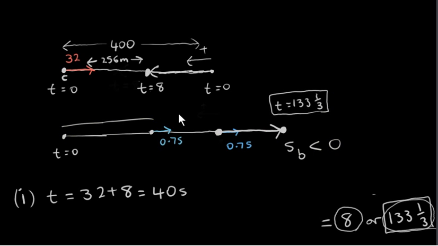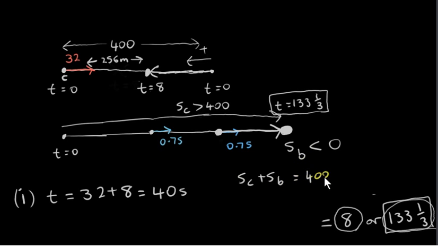However, SA, the position of the car, so the bus and car collide again, or pass through each other at this point here, SC, the position of the car, will be greater than 400. So when we take SC and add it onto SB, so we have a number greater than 400, we have a negative number, we will get 400.